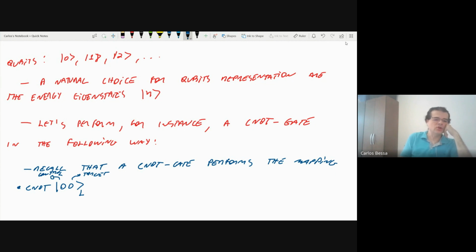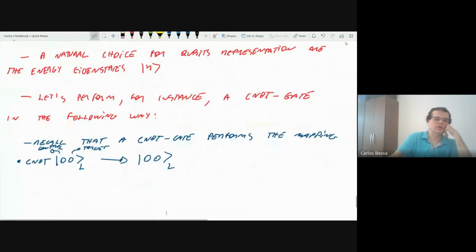So when I have a C0 applied to a system like that, to a cat like that, this will not change. It will be the same, right? So every time the control is 0, it never changes my cats.